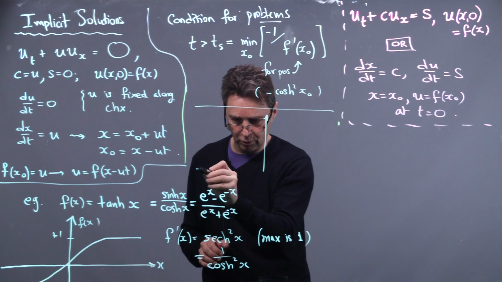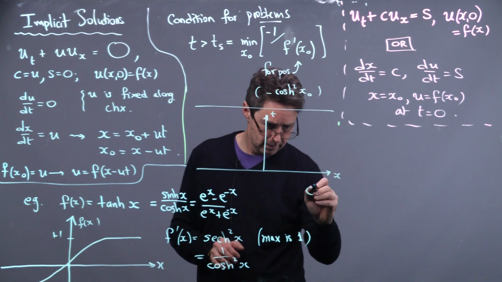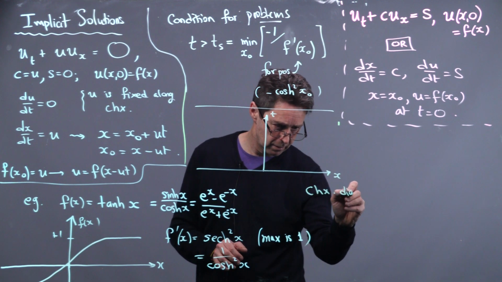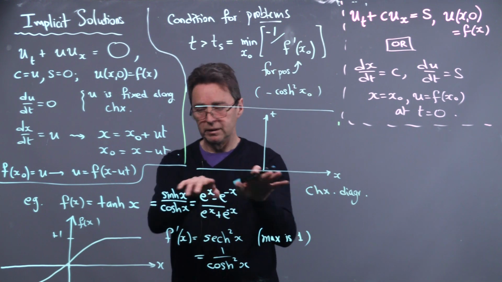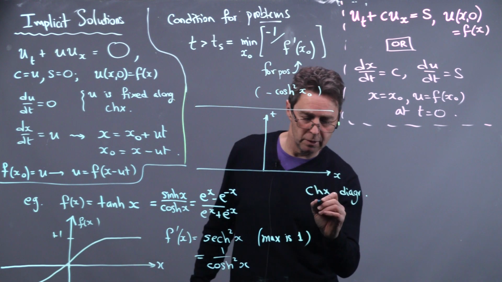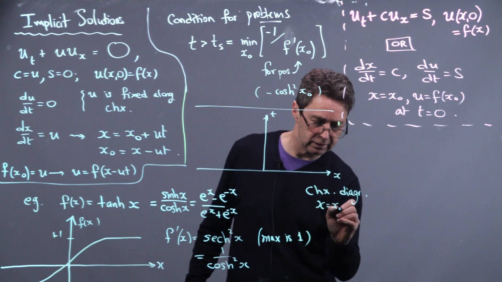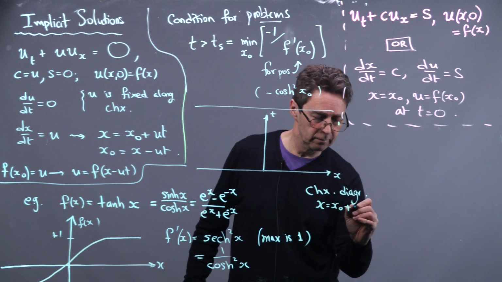Let's now just quickly draw what the characteristics diagram looks like. Well, we've got these flat regions way off to the left and way off to the right. I should remember that x is equal to x0 plus ut.